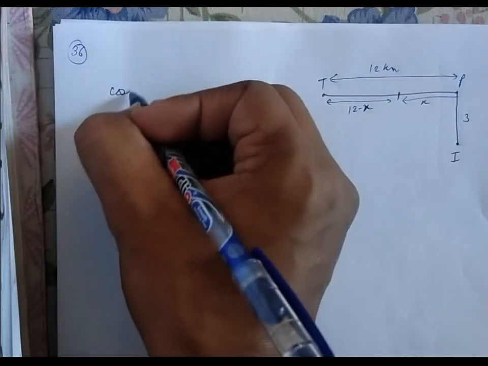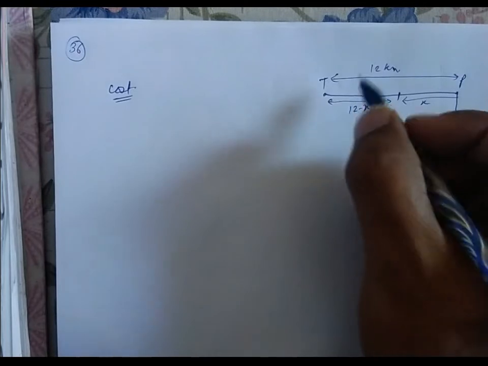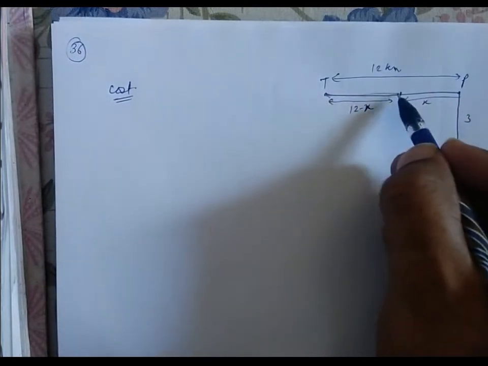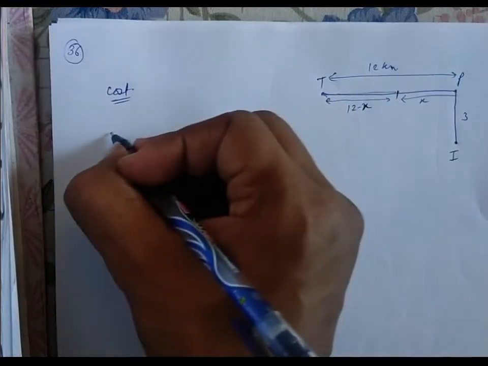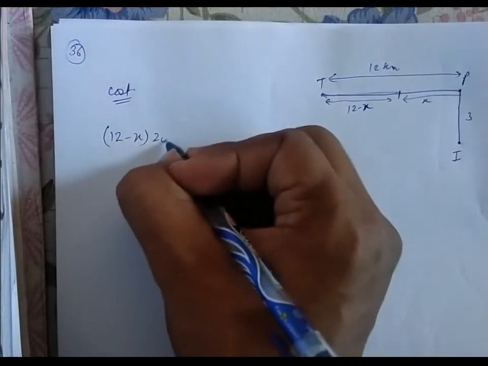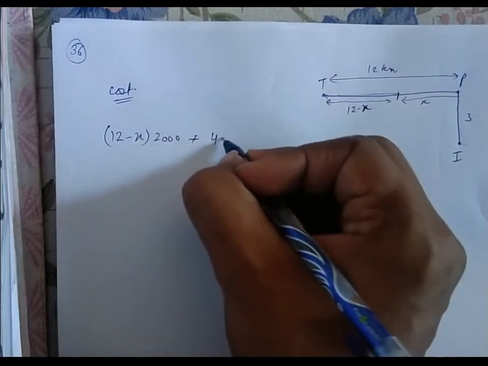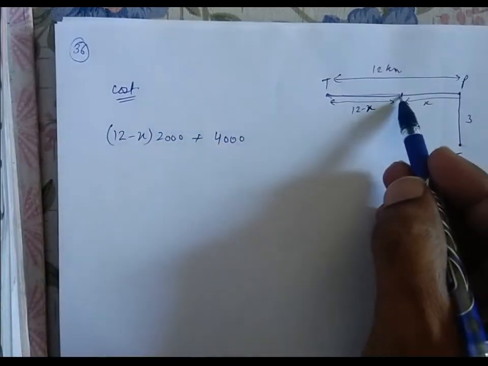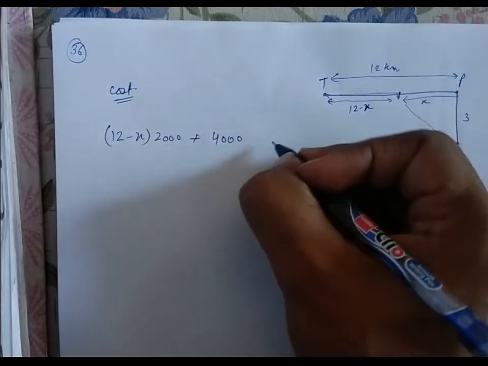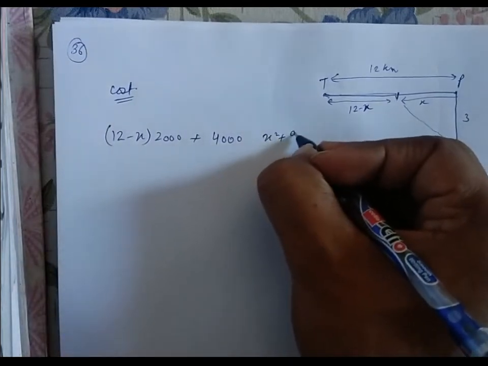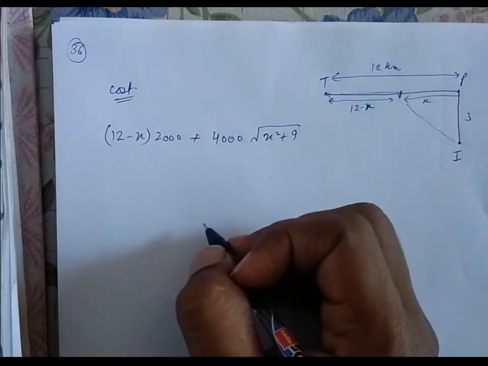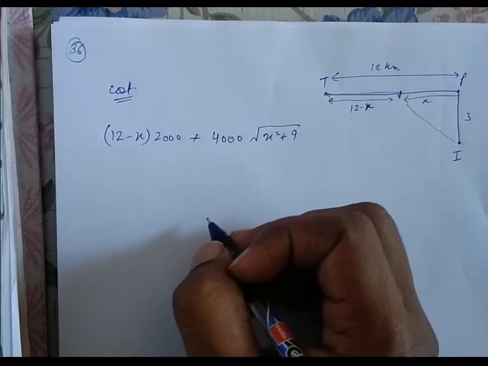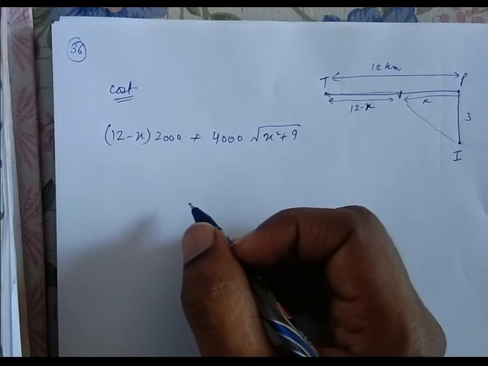So total cost would be equal to (12 minus x) into cost of land, which would be 2000, plus 4000 into this length, which is the square root of x square plus 9. Now we need to minimize this cost.